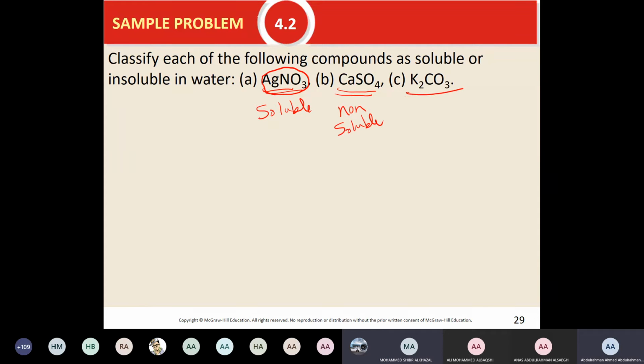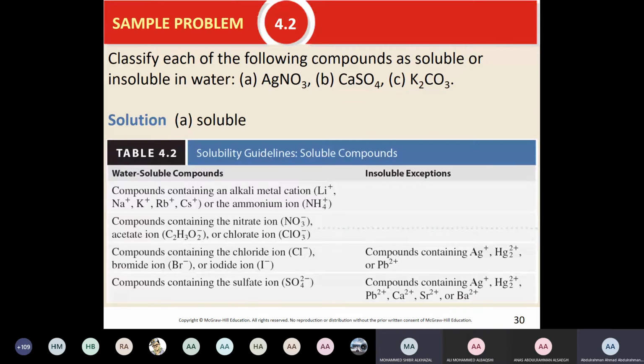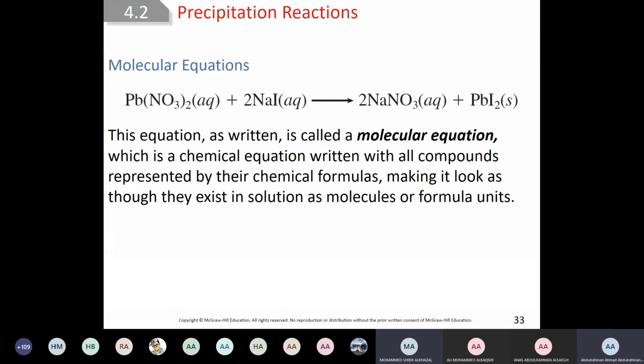Next one, K2CO3. Soluble. Why? It contains potassium. Next. If we have a reaction like this one, what will happen?